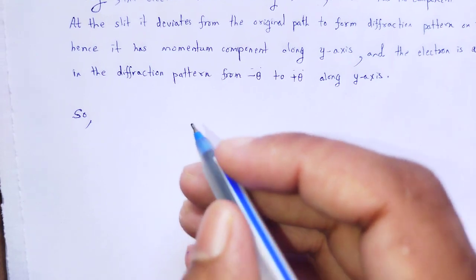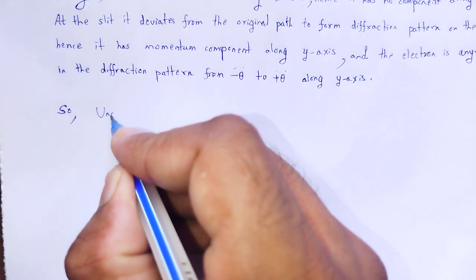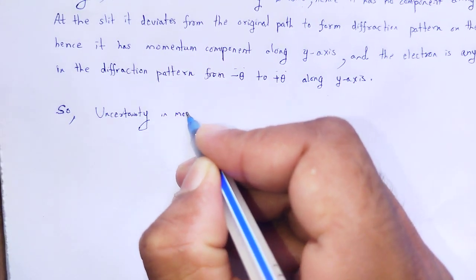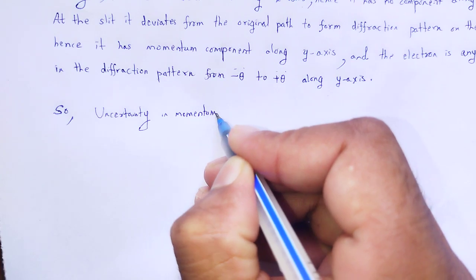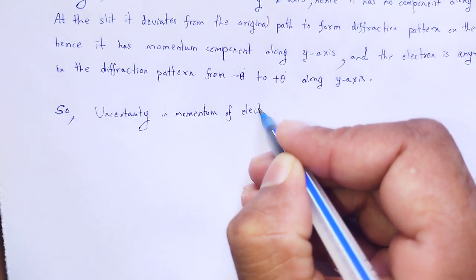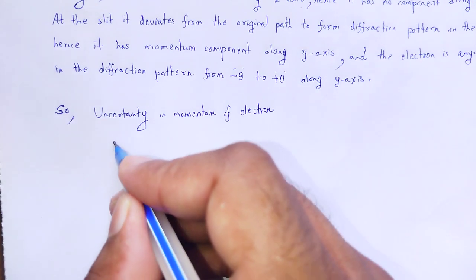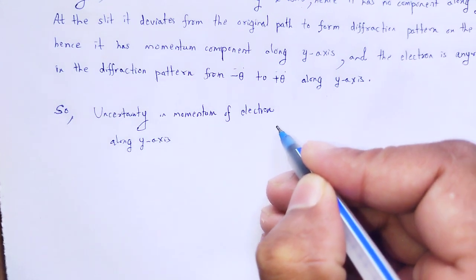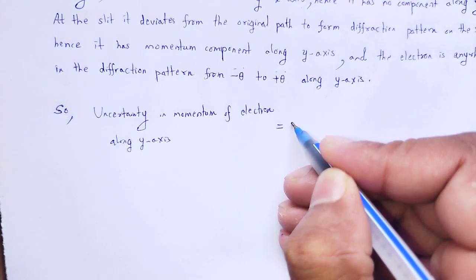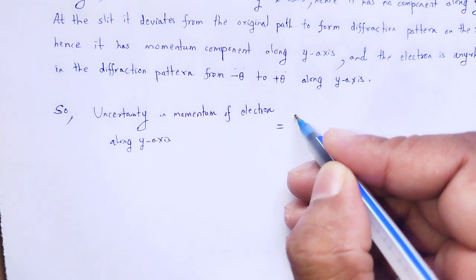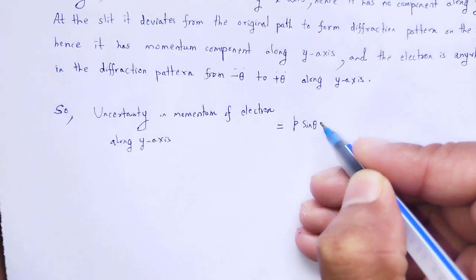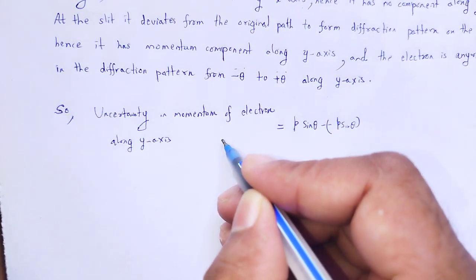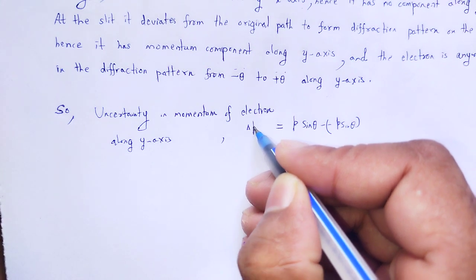So, the uncertainty in momentum of the electron along the y axis is equal to p sin theta minus minus p sin theta, which is given by del py.